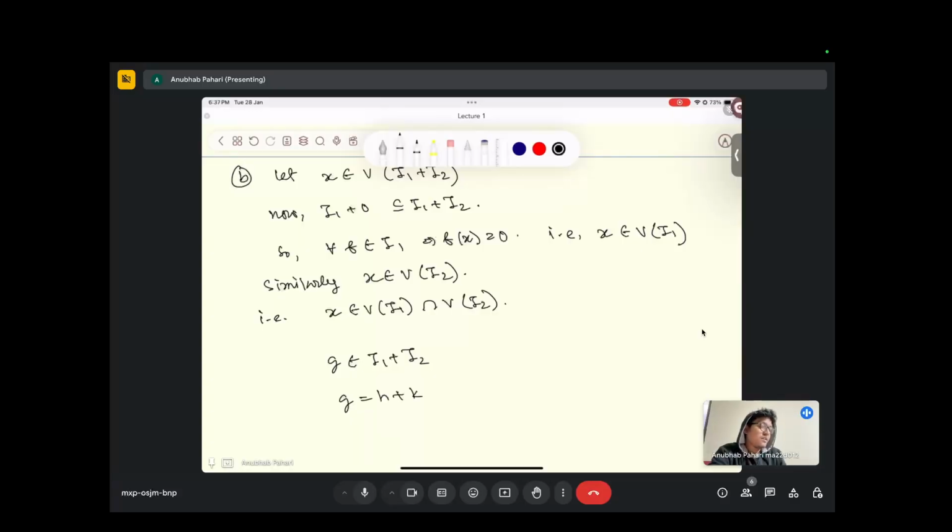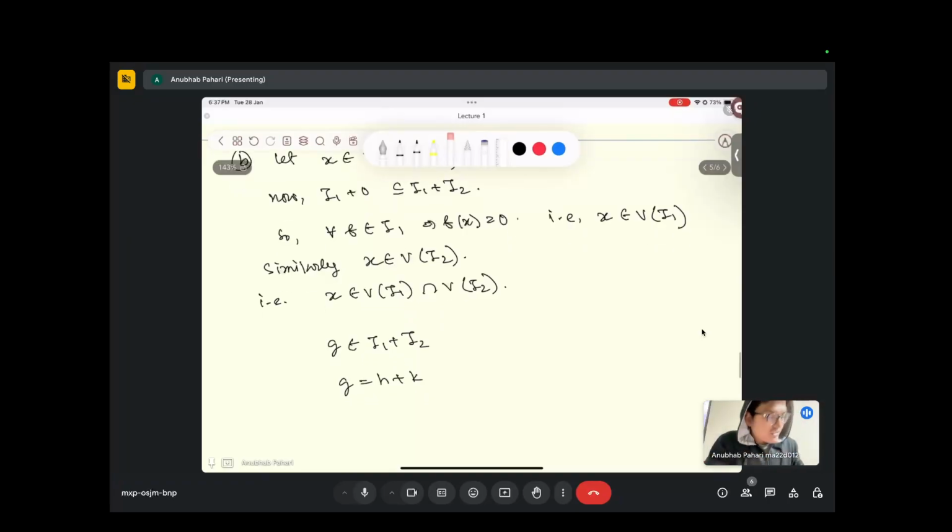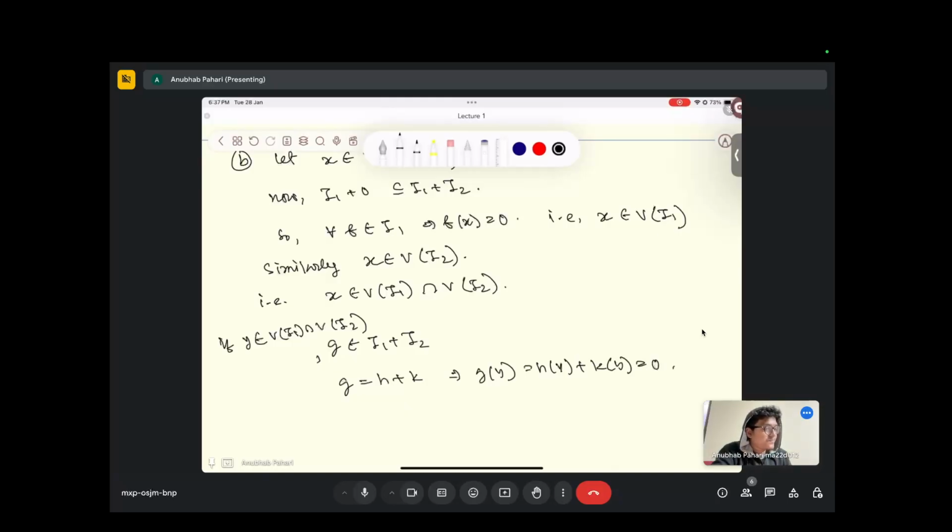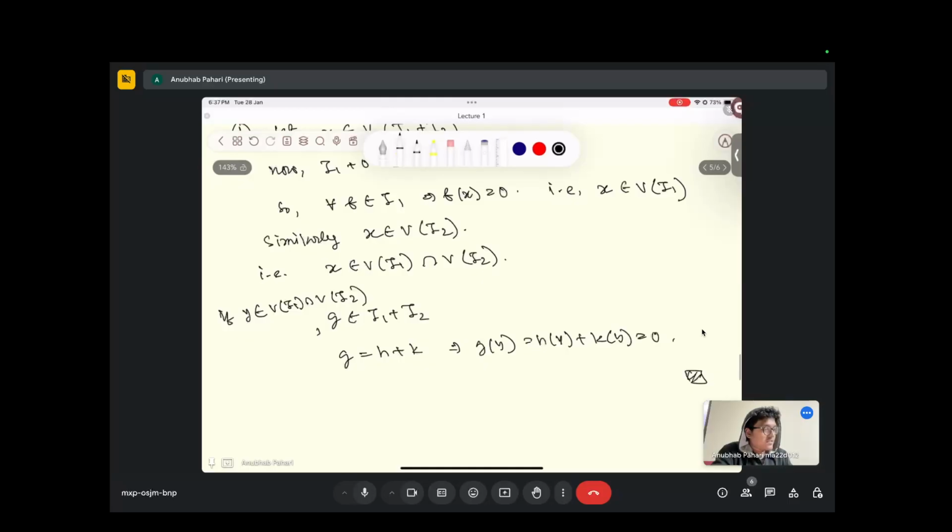So if y belongs to V(I1) intersection V(I2), then g of y should be h of y plus k of y, then it should be 0. So we are done.